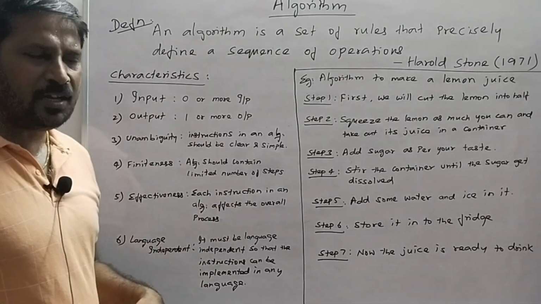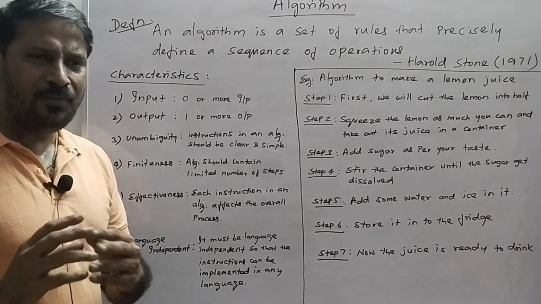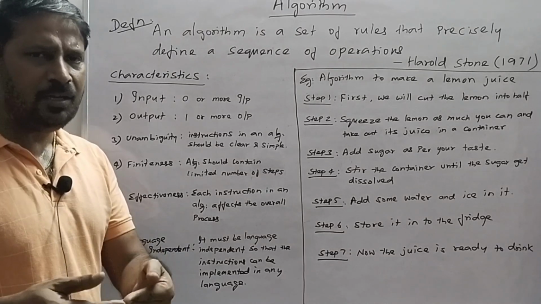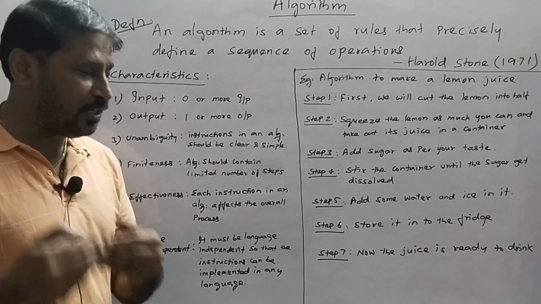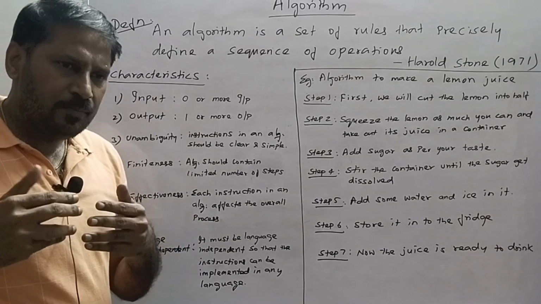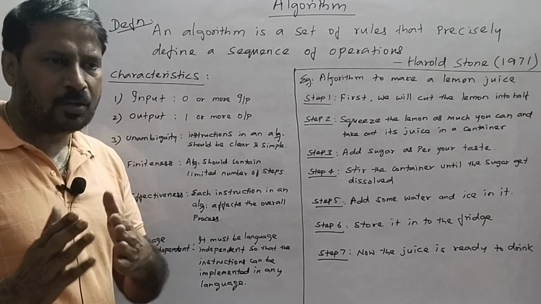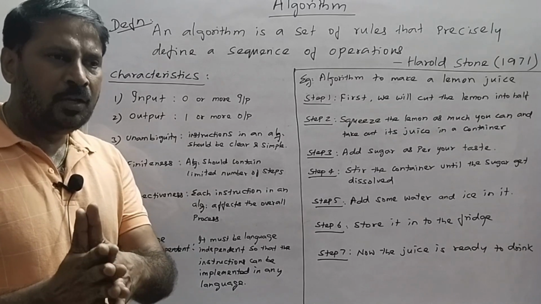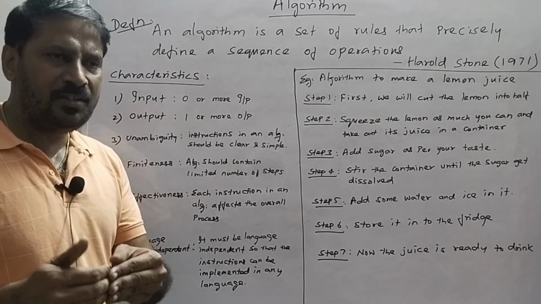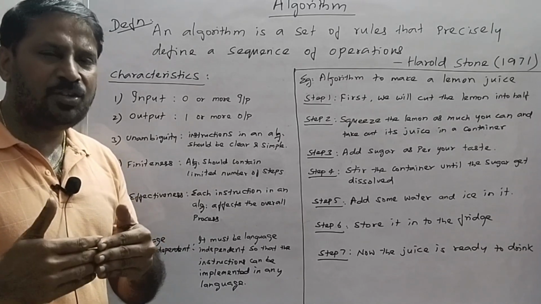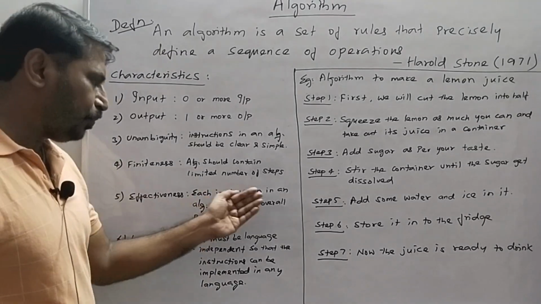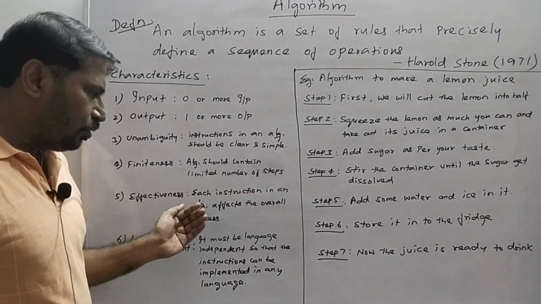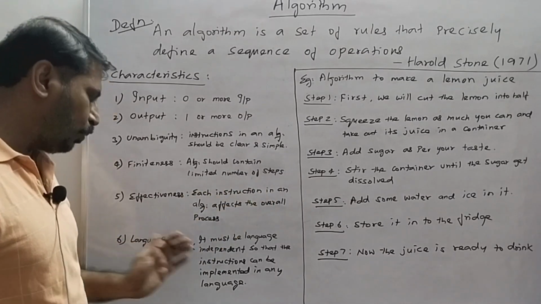We should not give unnecessary information in the algorithm. Every step should be to the point, driving towards the goal. If we unnecessarily give any step, that is not an effective algorithm. So every instruction should affect the overall process.